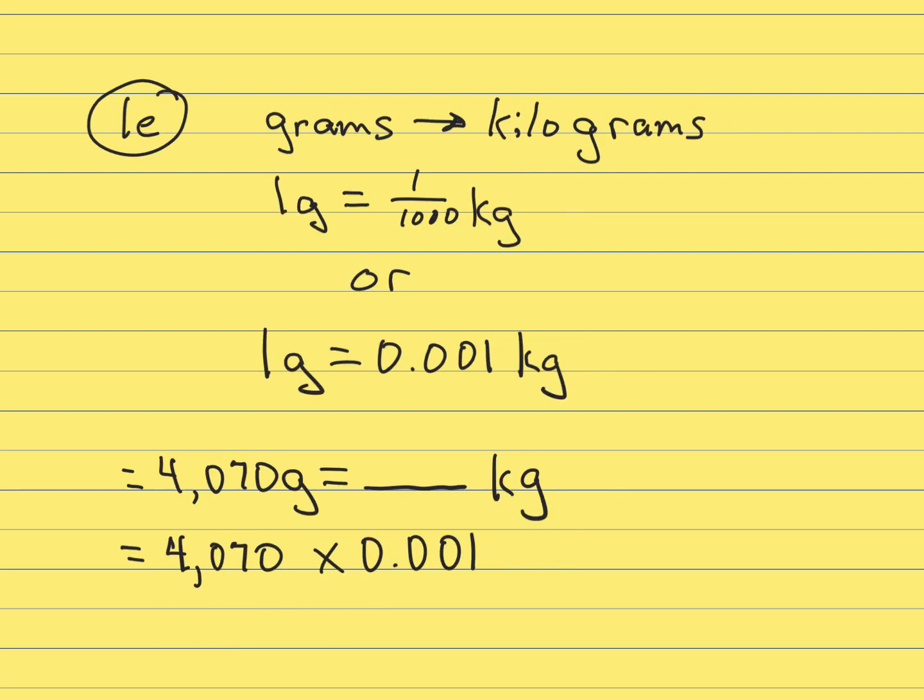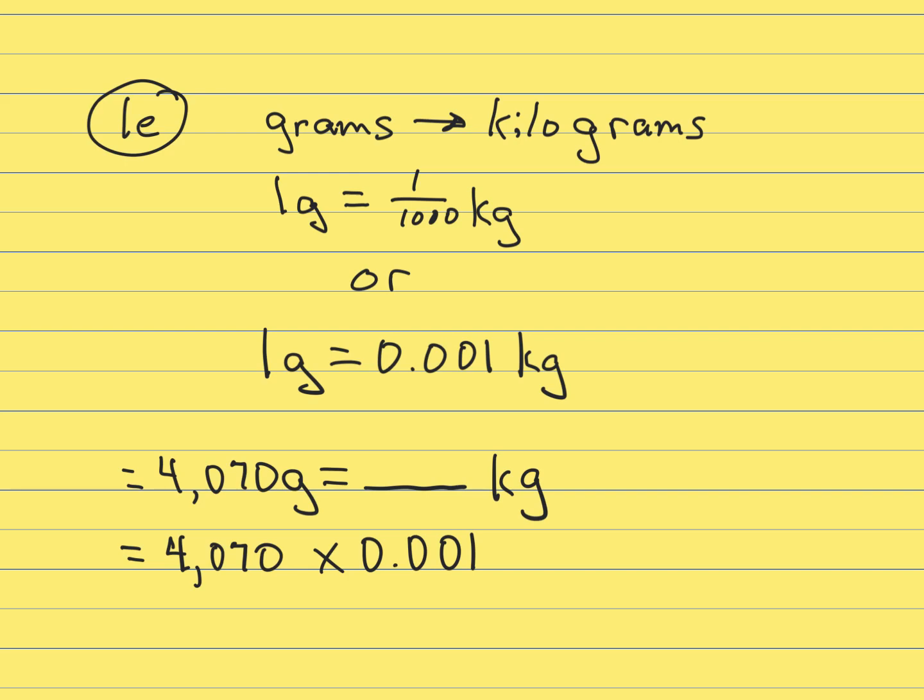Okay, grams to kilograms. We know that 1 gram, it's going to take 1,000 of the grams to make a kilogram. So we know that 1 gram is 1/1000th of a kilogram, or we can write that in the decimal form, 0.001. So if we take this problem, 4,070 grams, how many kilograms?